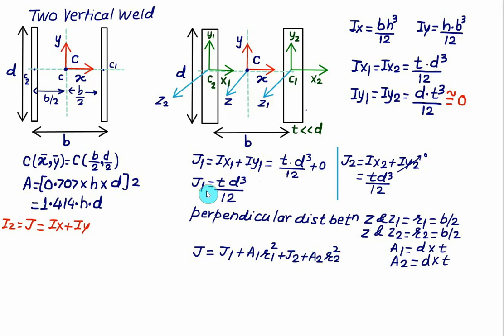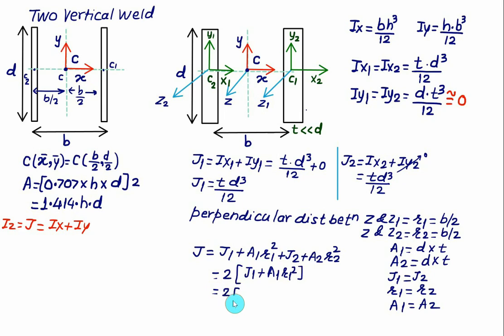Here area A1 is the length of weld D multiplied by thickness T, and similarly A2 is also D multiplied by T. Now J1 is equal to J2, R1 is equal to R2, and A1 is equal to A2. So this quantity is simply 2 times of J1 plus A1 into R1 square.